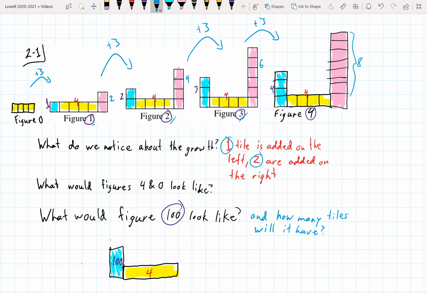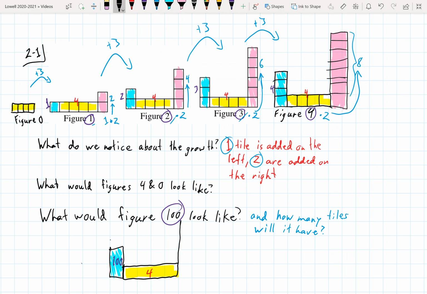It doesn't seem too obvious at first, but we notice, wait a minute, 2 is figure 1 times 2. 4 is figure 2 times 2. 6 is figure 3 times 2, and 8 is figure 4 times 2. And so it seems that whatever the figure number is, times 2 tells you how many tiles are in that pink tower on the right.